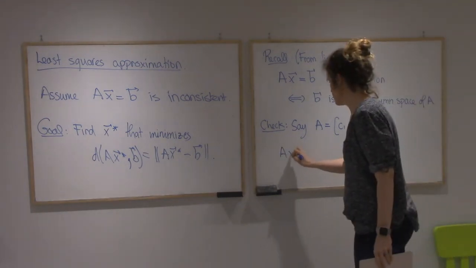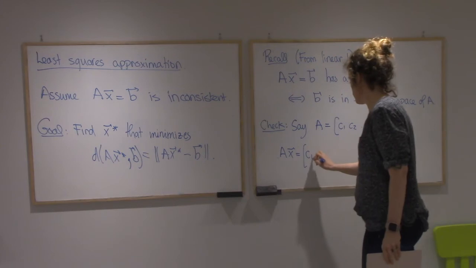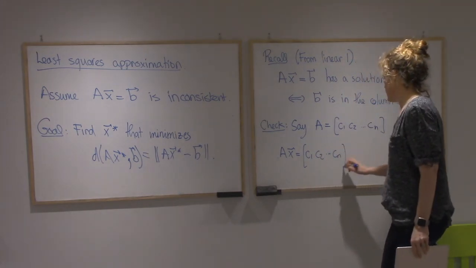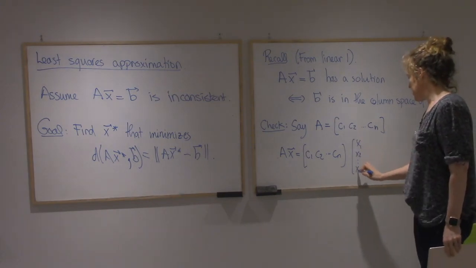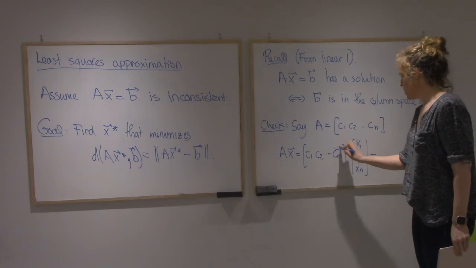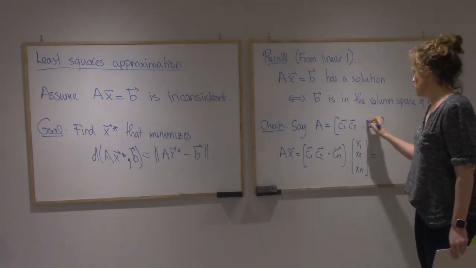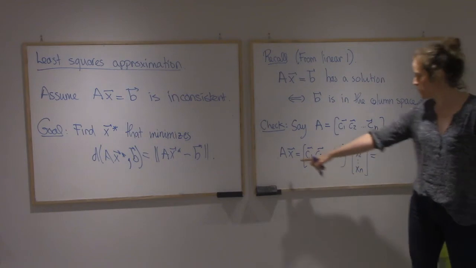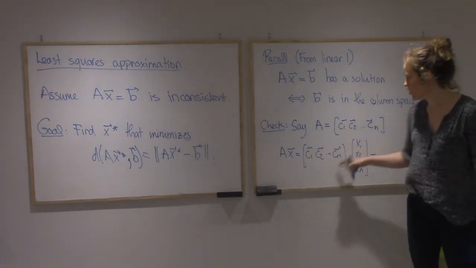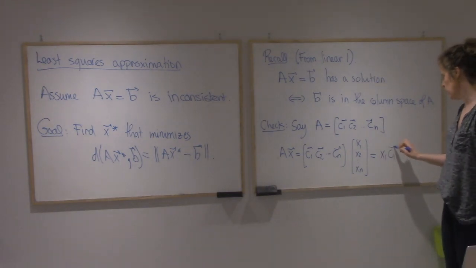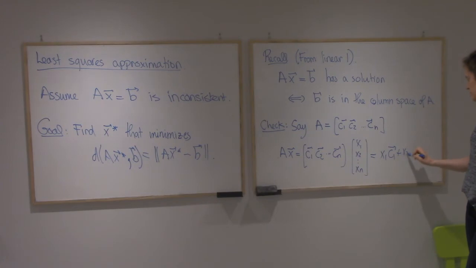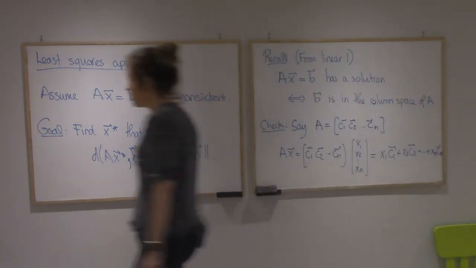Then Ax is the columns times x1, x2, up to xn. I'm going to leave the column vectors as is, so I get x1 times the whole first column vector plus x2 times the whole second column vector. And so what I'm getting is a linear combination of the columns.